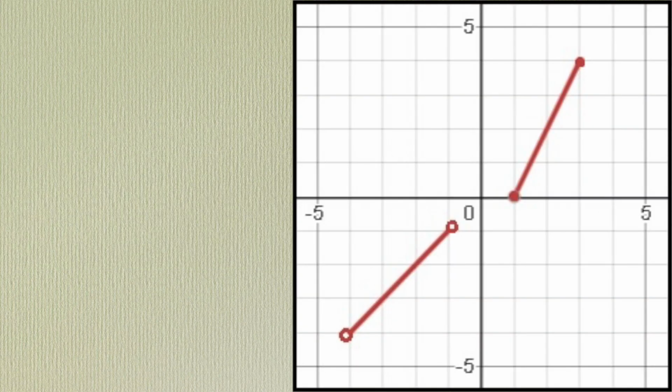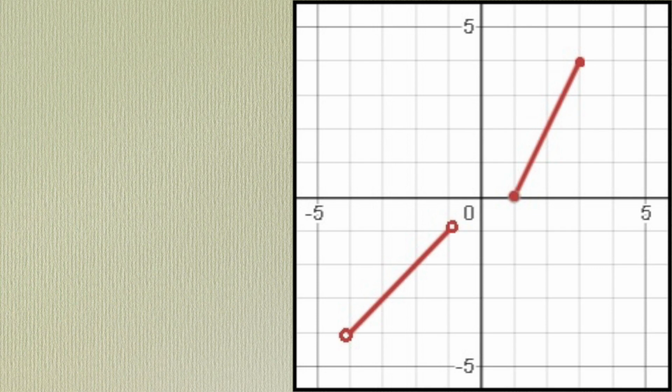So now let's take a look at the domain of this. If we read it from left to right, notice that the first piece has values between negative 4 and negative 1. Now, if we look at the second piece, it has x values between 1 and 3. So the domain of this has a break in between.